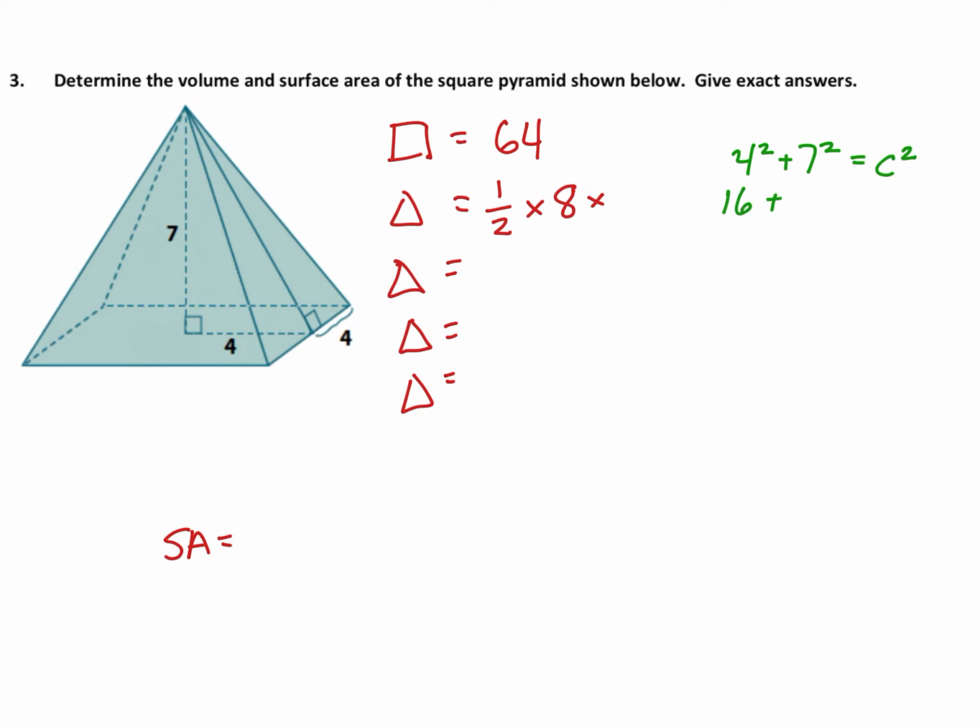4 squared is 16, 7 squared is 49, and when you add those together, you get 65. So that means our height is going to be the square root of 65. Half of 8 is 4, so our exact answer for that is going to be 4 times the square root of 65.